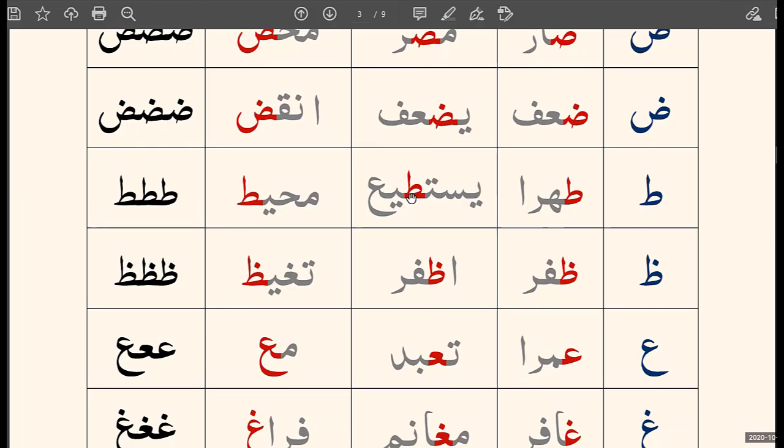The next one, as you can see, is a little rounded and different in shape, a bit curved, so it will be thick. So ta and ta, ya, sin, ta, ta, ya, ain, like that.